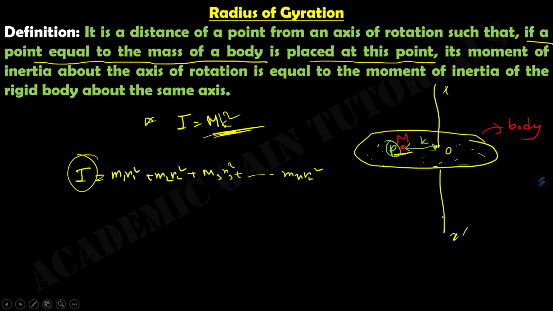If we find the point where we can place the mass of the whole body, here in our case the point P, then this K, the distance from this point to the axis of rotation, is known as the radius of gyration. So K is equal to the radius of gyration. So this is the concept of radius of gyration.